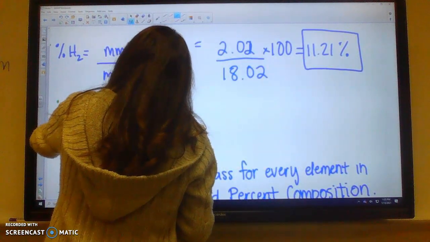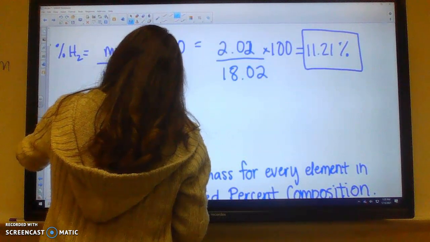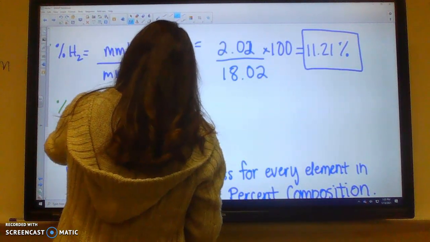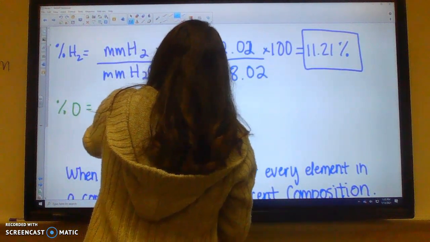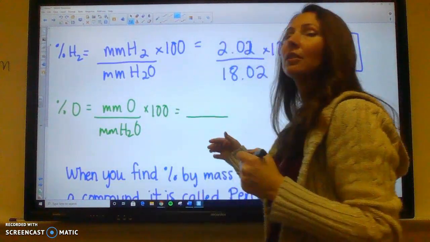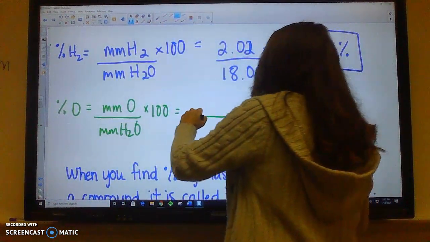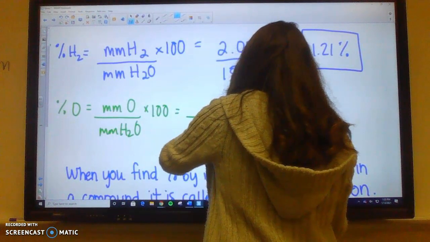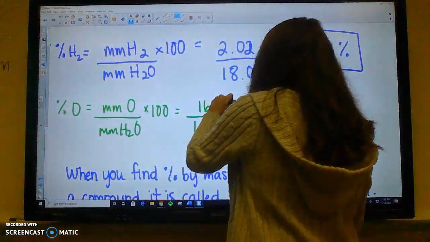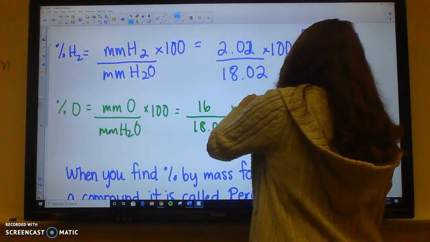We're going to do the molar mass of oxygen over the molar mass of water times 100 again. Now, our molar mass of water is the same thing we already calculated, so we don't want to figure that up again. And then oxygen is 16.